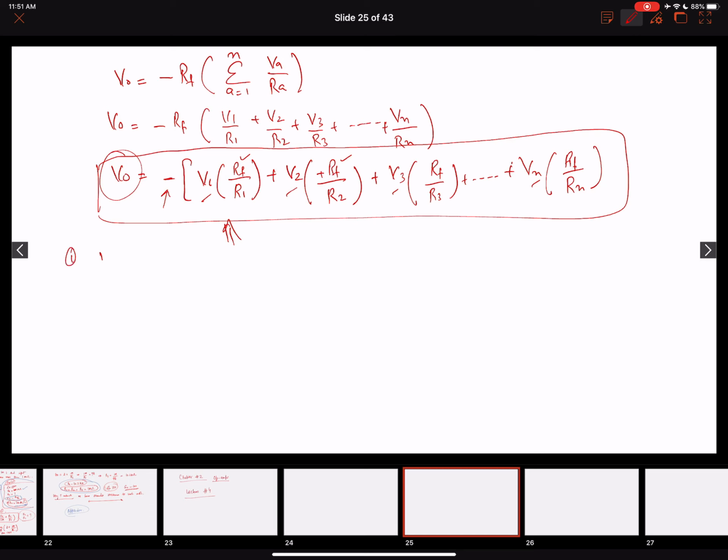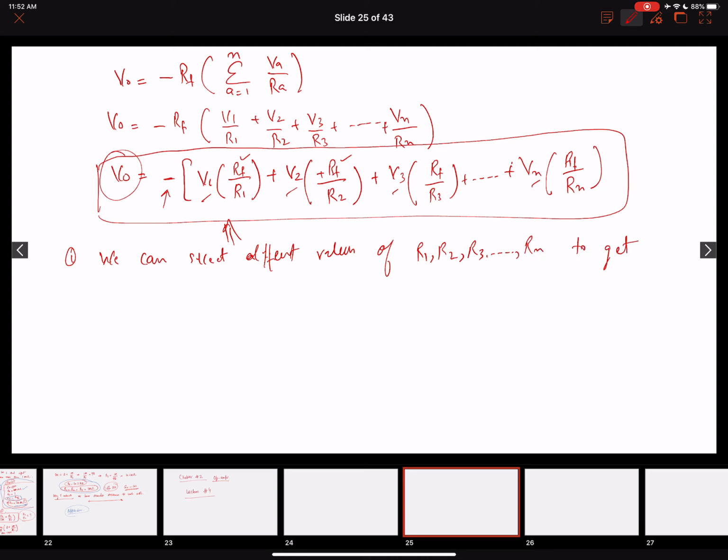So we can select different values of R1, R2, R3, Rn.